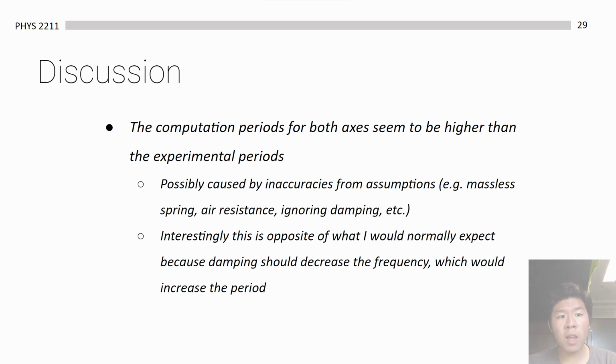We also find that the computational periods of both axes seem to be slightly higher than the experimental periods. This might be caused by inaccuracies from the assumptions, though it is actually the opposite of what I would initially expect, because the damping effect, which was not accounted for here, should actually increase the period of the oscillation. So I think it would be interesting to explore this area as well.